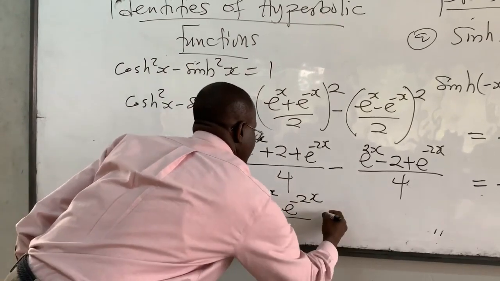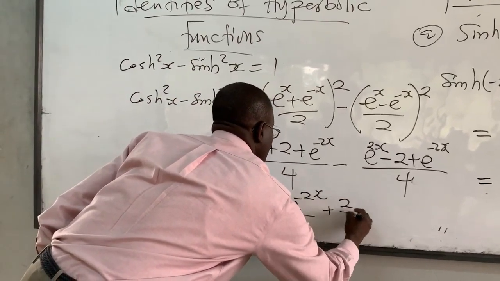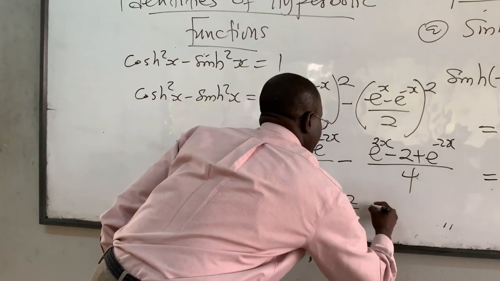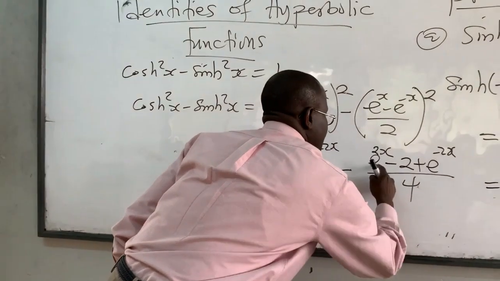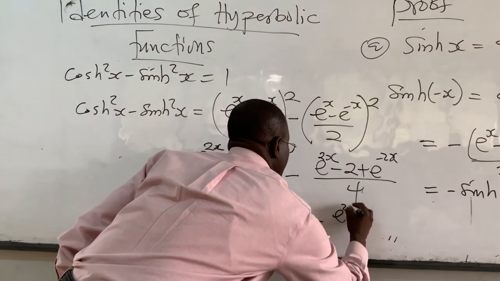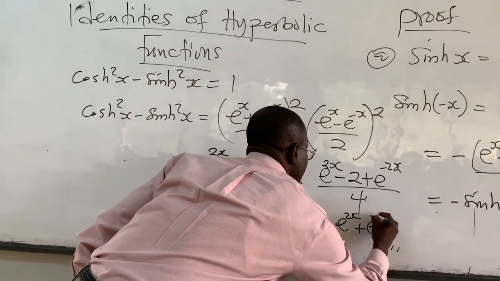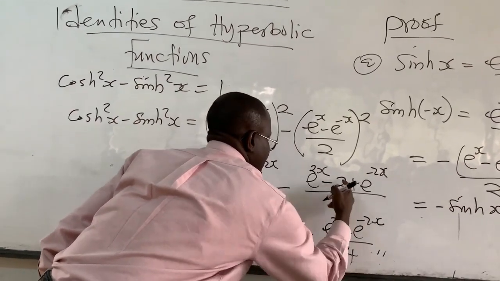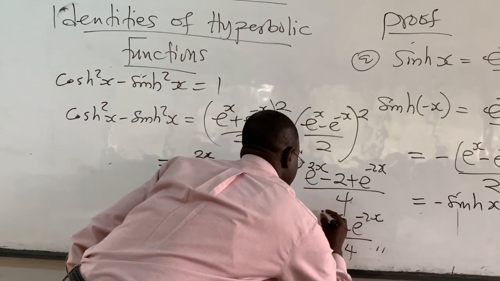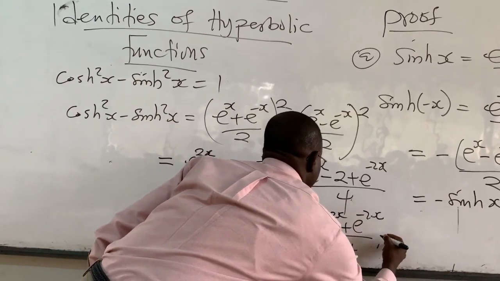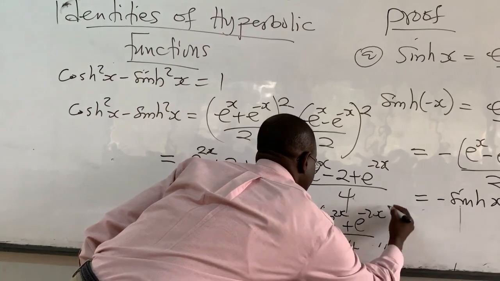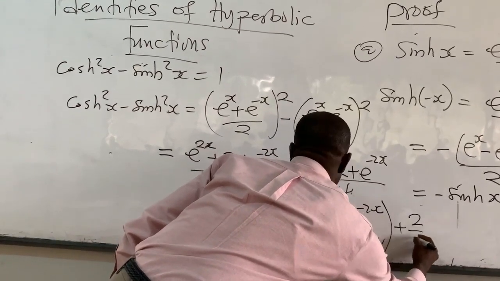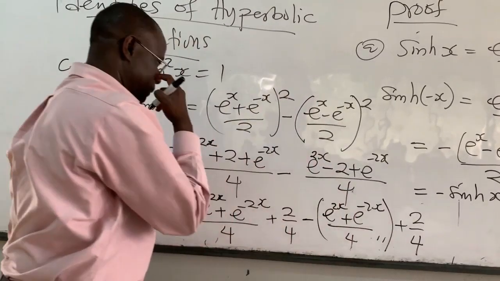I have this guy, which is 2 over 4, and then if I do this, this is 1 minus this, and this guy gives me e to the 2x, that's e to the minus 2x, all over 4, and then this and this guy gives me, be careful here, this cancels this, so you have 1 this, and I have plus 2 over 4.